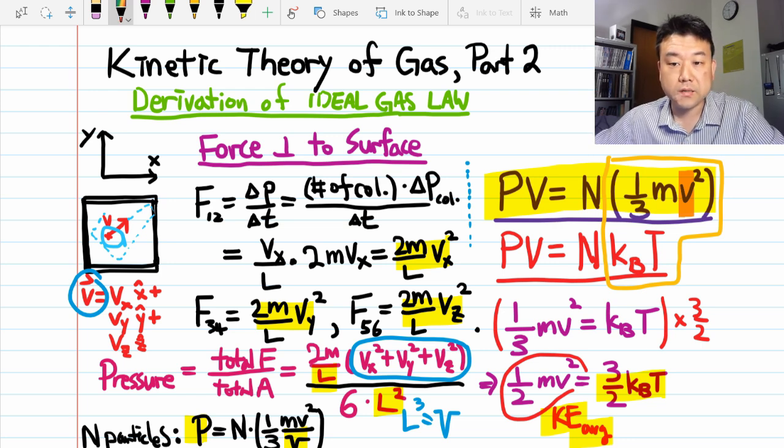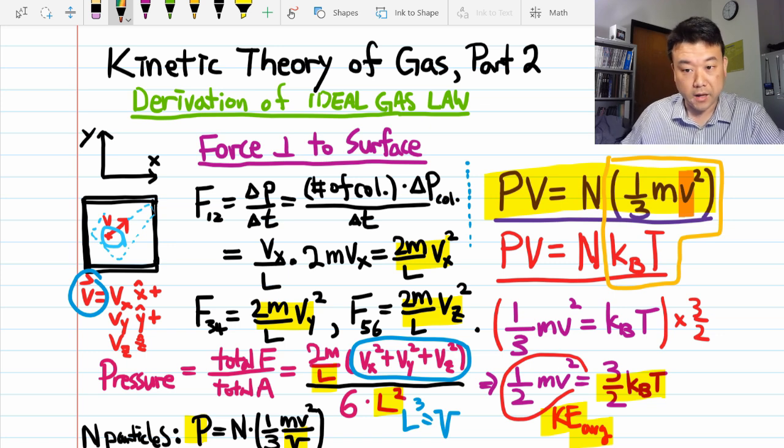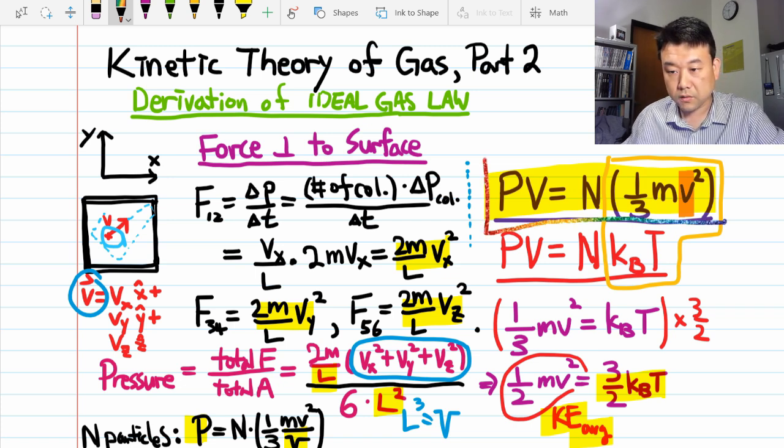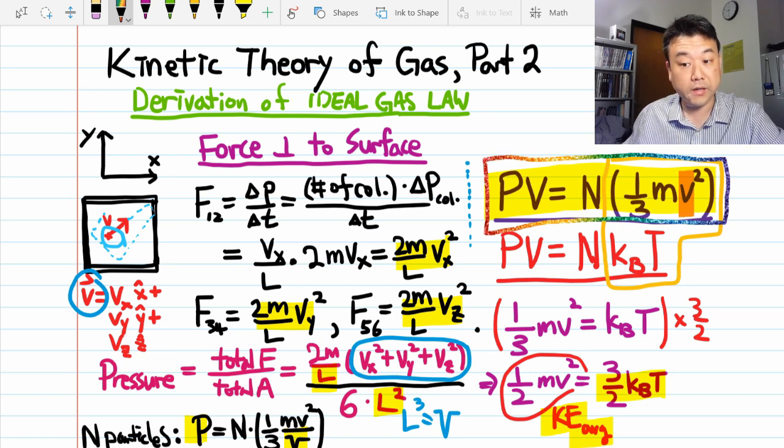So this is the derivation of the ideal gas law. Following the basic mechanical principles, we derived this expression here, where the left-hand side was equal to the ideal gas law, and the right-hand side had the right terms, but had some microscopic quantities that we couldn't directly measure.